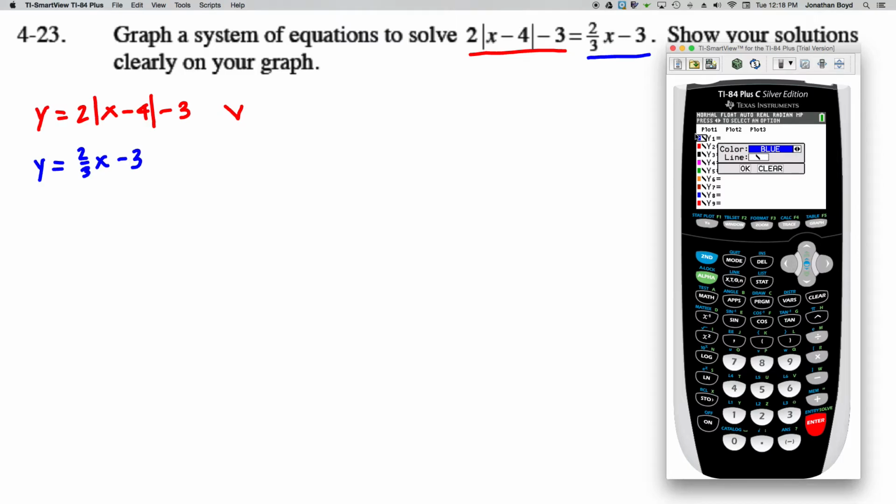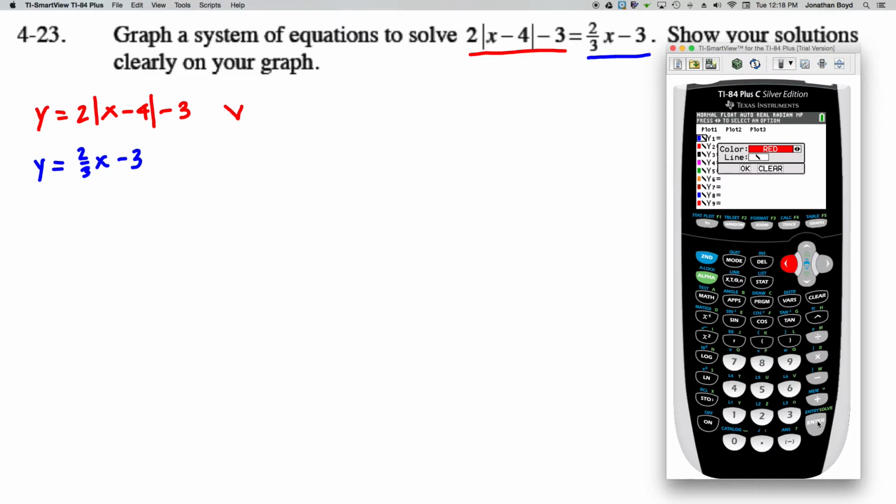If you want to change your colors on your graphing calculator, if you have one of the TI-84 Plus C editions, you can go in there, arrow to the left, and then arrow to find a color that you like. Red should be in there somewhere. There it is.